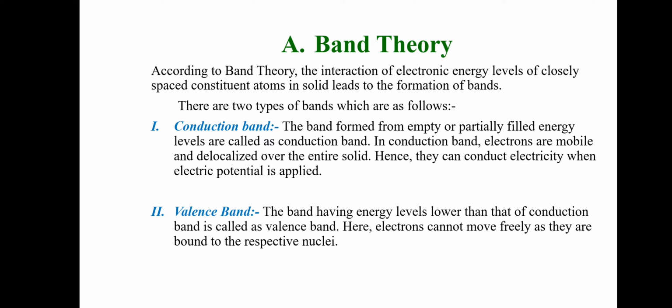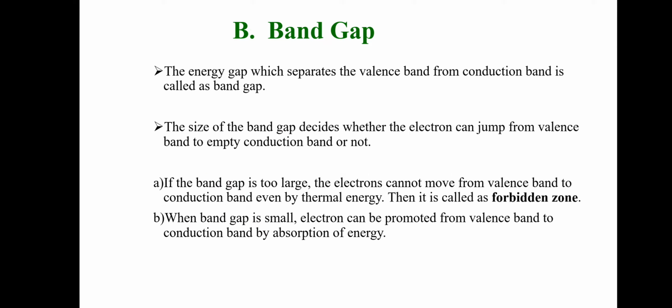Its electrons cannot move freely as they are bound to the respective nuclei. This valence band is a band wherein all the electrons are paired, whereas the conduction band is empty or partially filled.